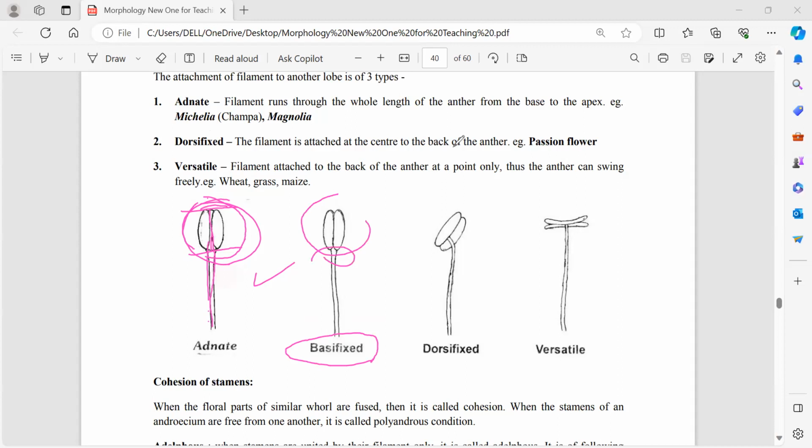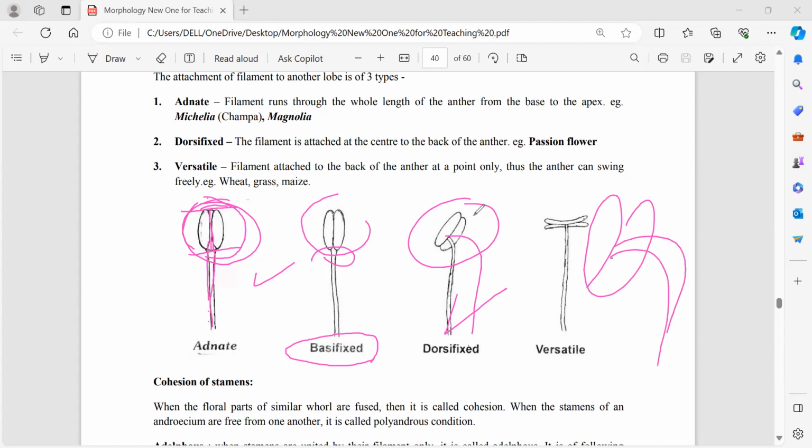We have then the third category, which is called dorsifixed. In dorsifixed, when the filament is attached at the center to the back of the anther. This is the anther, and at the back of the anther, at the center, the filament is attached.